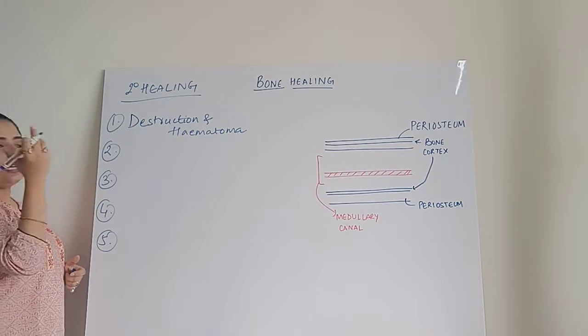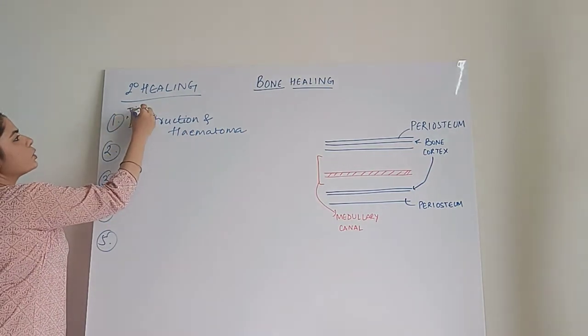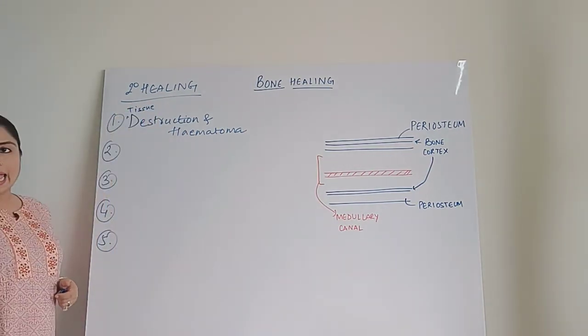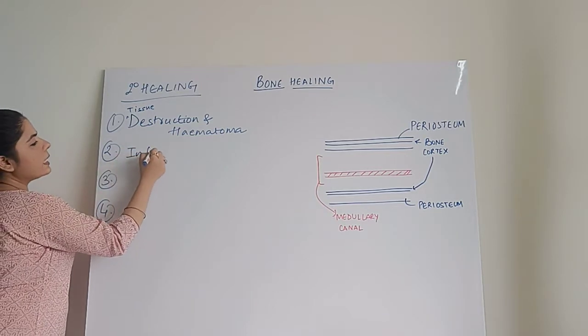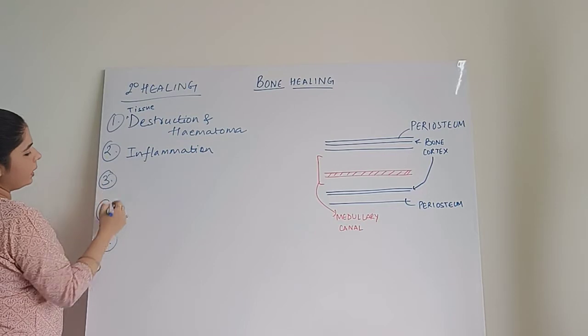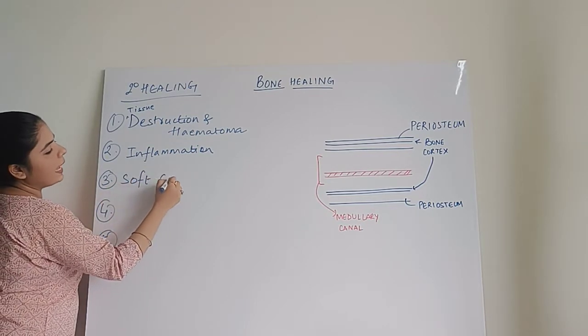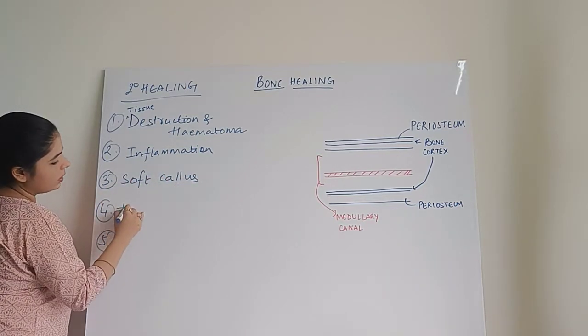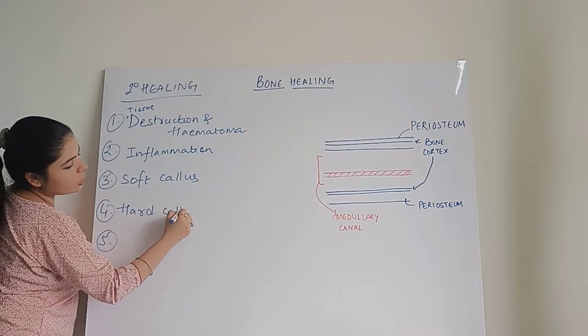What destruction? Tissue is being destructed, tissue destruction and hematoma formation. The second is inflammation. The third one involves soft callus formation. Next is hard callus formation.